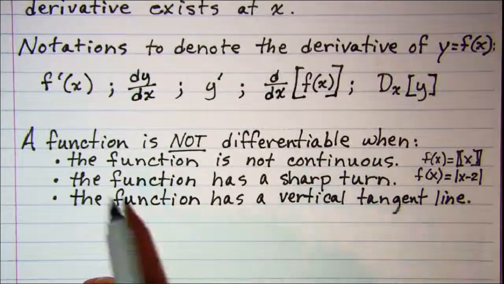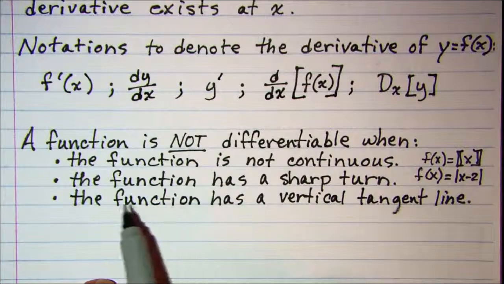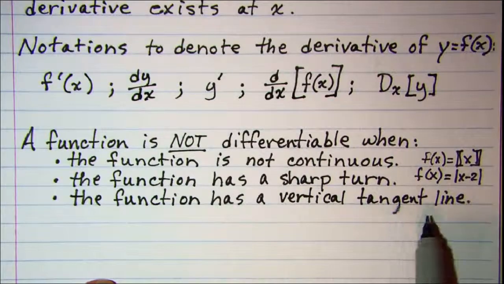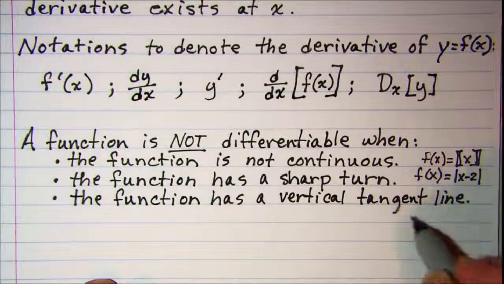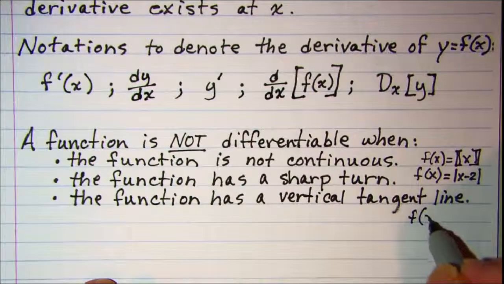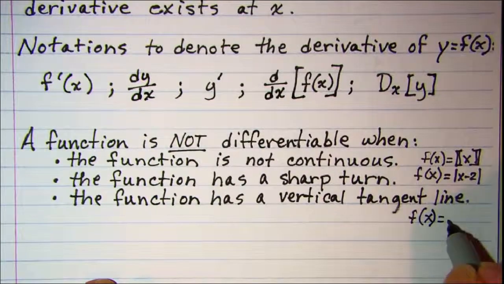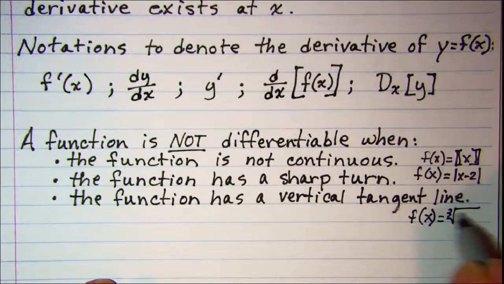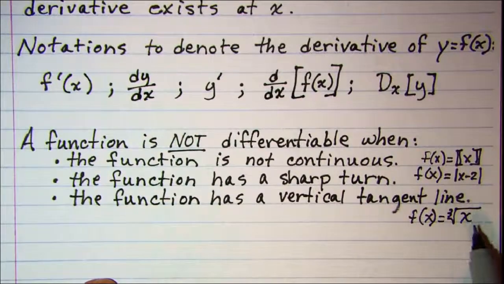And then also a function is not differentiable when the function has a vertical tangent line. For example, f of x equals the cube root of x. The cube root function has a vertical tangent line when x equals 0.